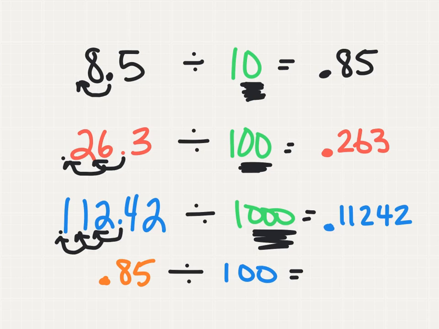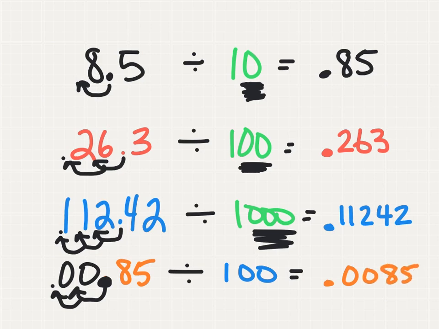Here's my decimal, and I need to go left for divide 2 places. So 0, move it once, 0, move it twice. I end up with a quotient of 0.0085, or 85 ten-thousandths. Adding zeros is only done when necessary prior to moving the decimal.